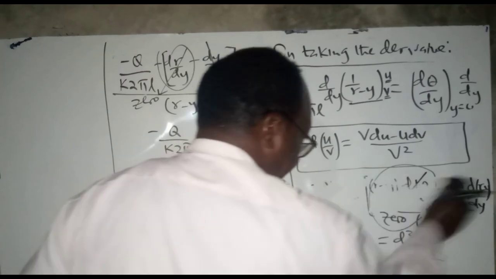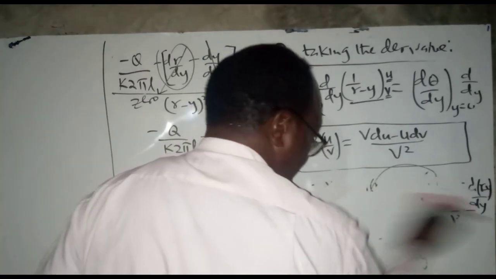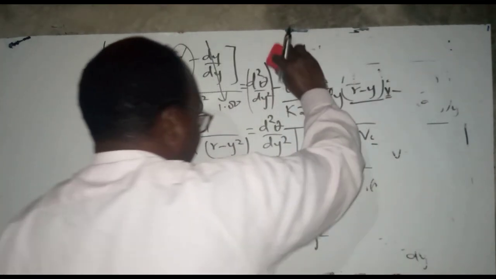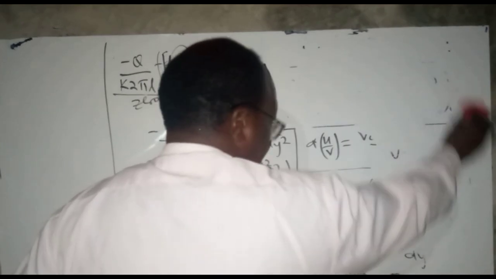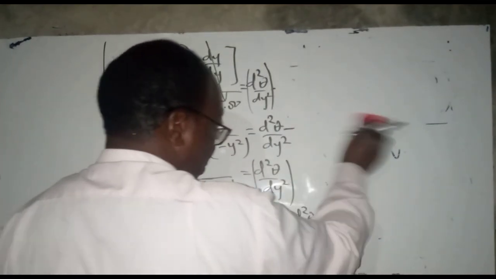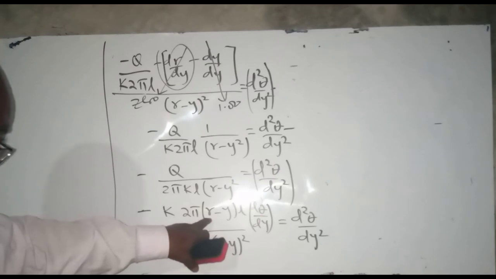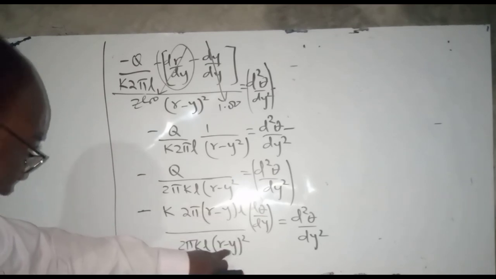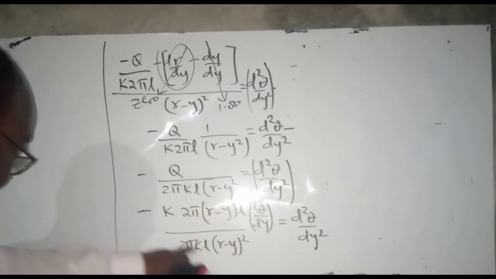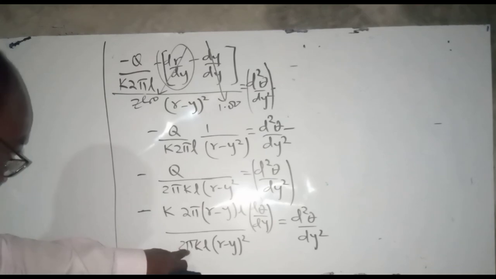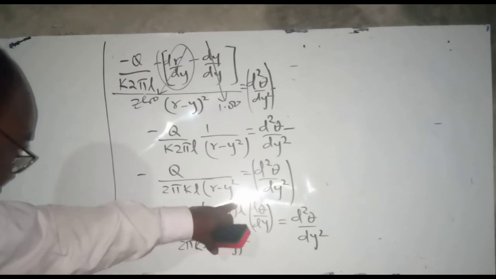Now, what do we get for our solutions here? Let us look at it now. So the r minus y will cancel with the r minus y squared, leaving r minus y. The k 2 pi will cancel with the 2 pi k. L will cancel.